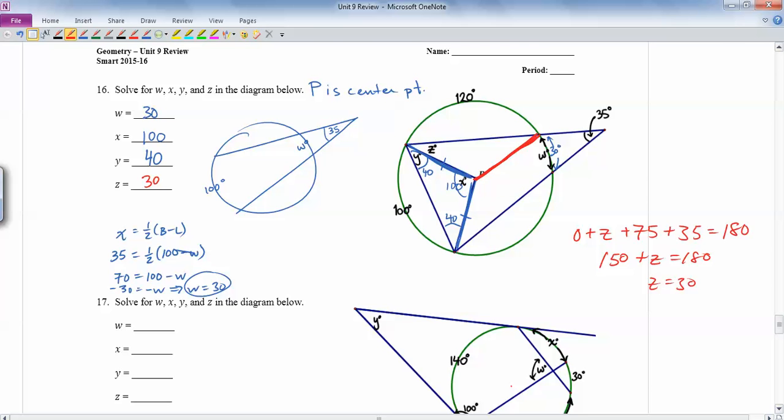So notice that this triangle is also isosceles because there's a radius here and a radius there. Well, the central angle opens right up to that 120-degree arc. So this guy in the center is going to be 120 degrees. And the isosceles part tells me that these two angles have to be the same. So I got 60 degrees left over in the triangle, so this one's 30, and this one's 30. So that's another way to get Z is 30.